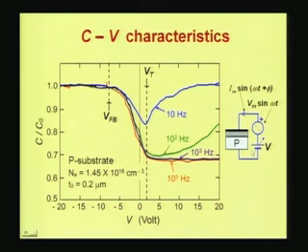Now, when you vary your DC voltage as shown in the x axis here, you find that the capacitance of the device is constant over a certain range, and then beyond a voltage indicated by the symbol VFB or the flat band voltage, the capacitance starts falling.